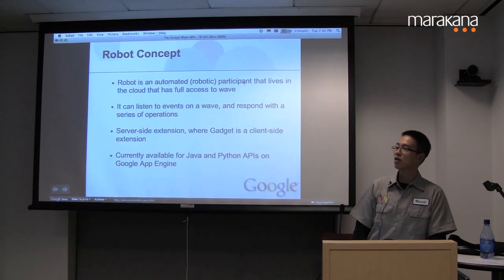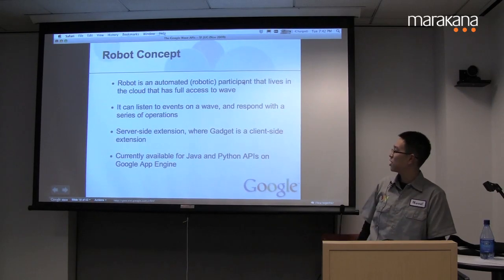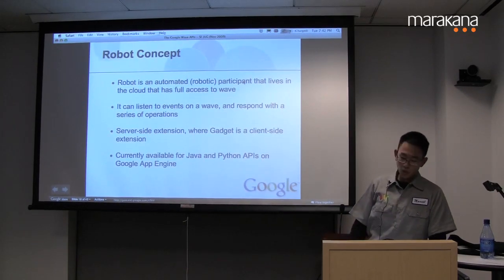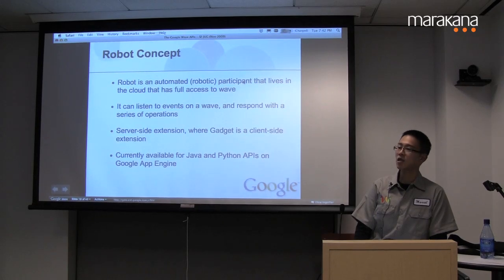So while you can think of a gadget as a client-side extension, a robot is our server-side extension that has more processing power because it lives on the cloud, and it has more security when it comes to data access.